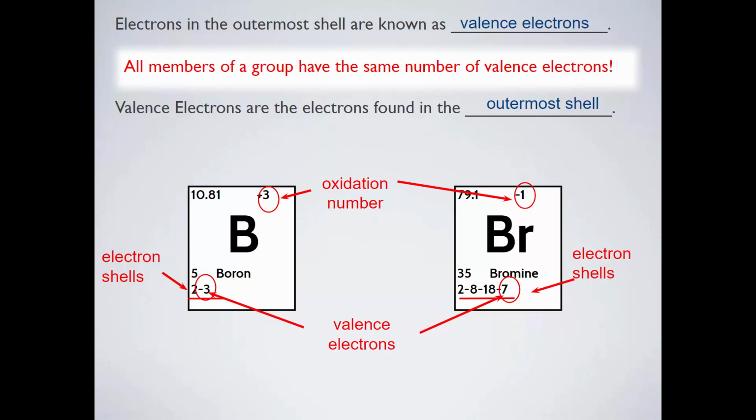All right. Now, on your periodic table, you have a list of the electron configuration. Sometimes periodic tables also list something else called the oxidation number, or it's sometimes called the valence number.